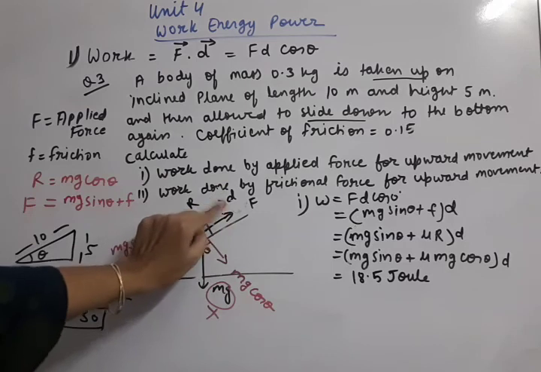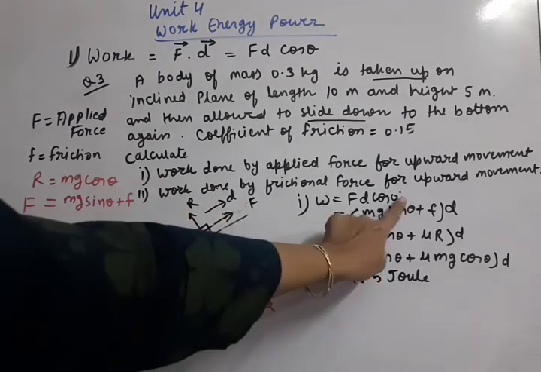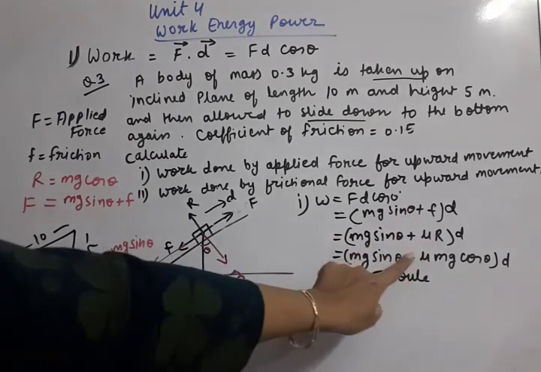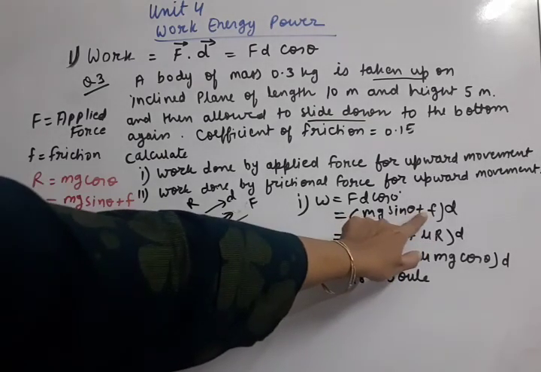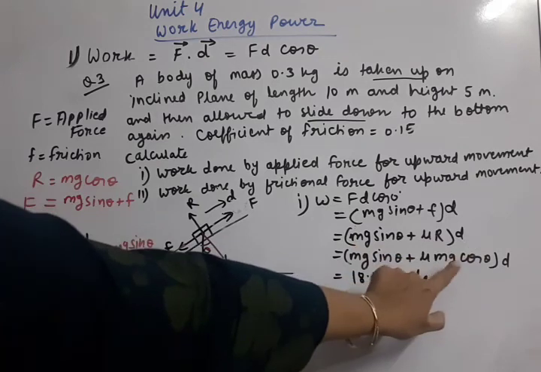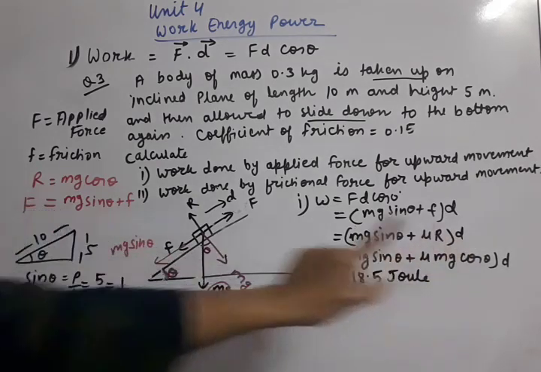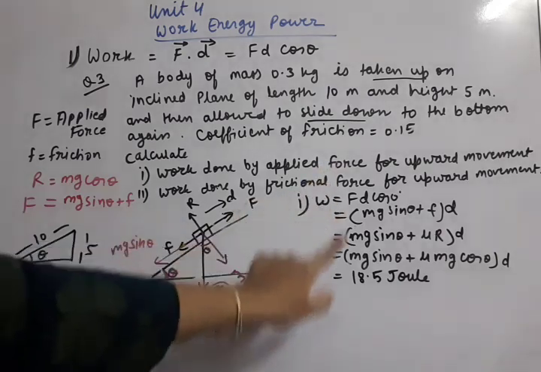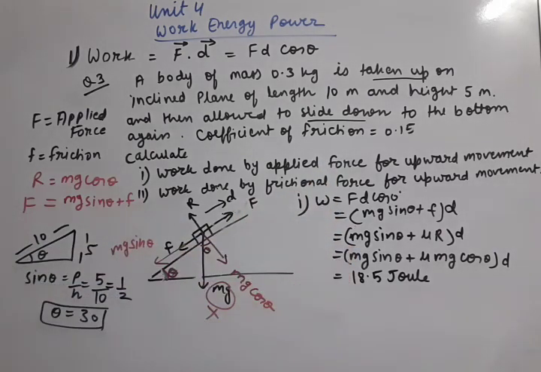So the displacement and force angle is 0. After that it is just substitution. Friction force is always replaced by mu R. R you replace from the diagram. So here in the diagram R is equal to mg cos theta. Okay. So this way we have solved the work done, first case.